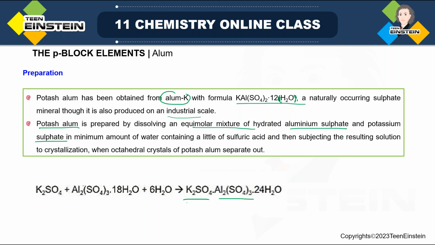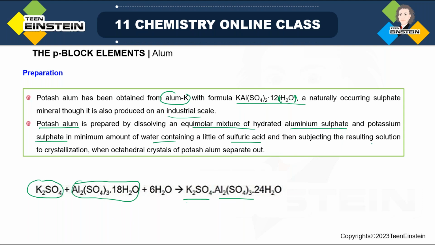An equimolar mixture of hydrated aluminium sulfate, that is this one with 18 water molecules, and potassium sulfate with no water molecules, in a minimum amount of water, and there is a little sulfuric acid which does not directly enter the reaction but is ultimately required.